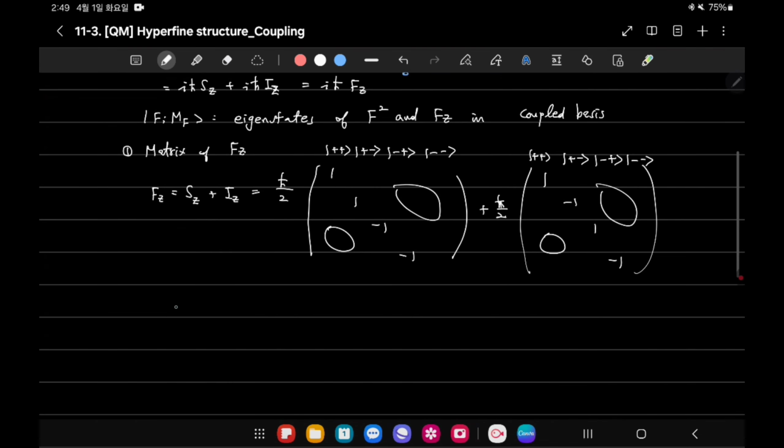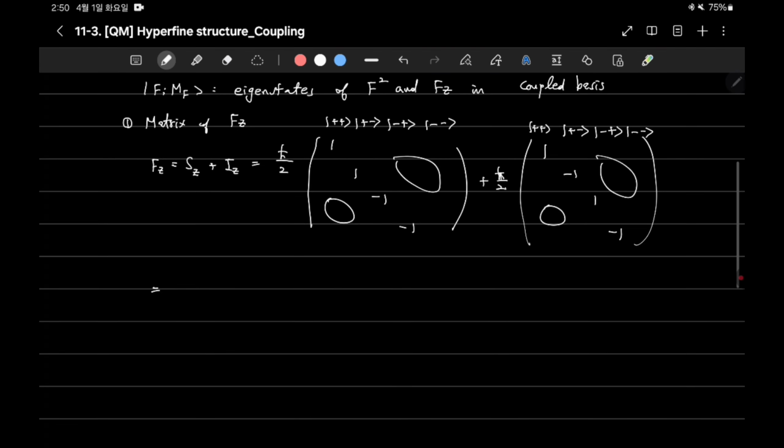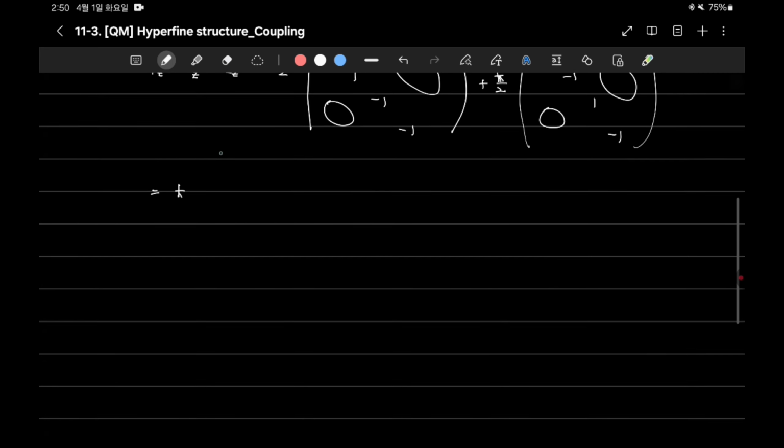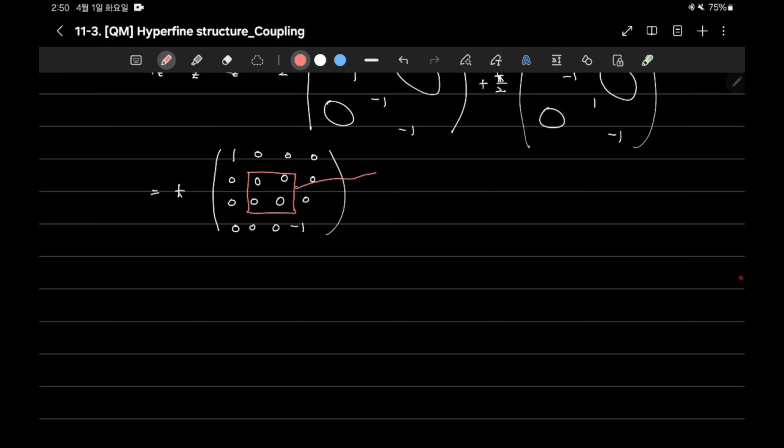Then the addition of Sz and Iz is h bar times diagonal 1, 0, 0, minus 1, because the other terms are 0 like this. Here we can see that this matrix subspace is degenerate.